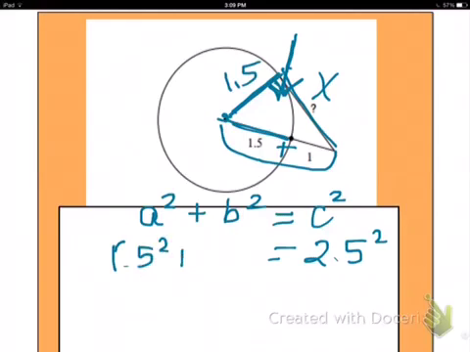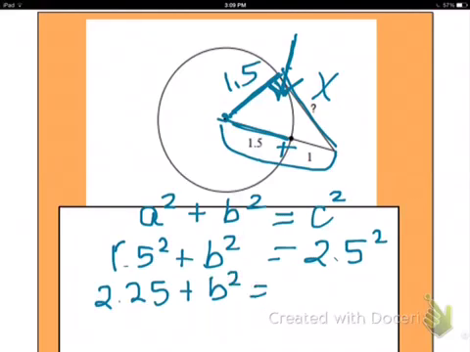And I'm looking for my other leg, which would be b squared. So I have to say 1.5 squared is 2.25 plus b squared. 2.5 squared is 6.25.